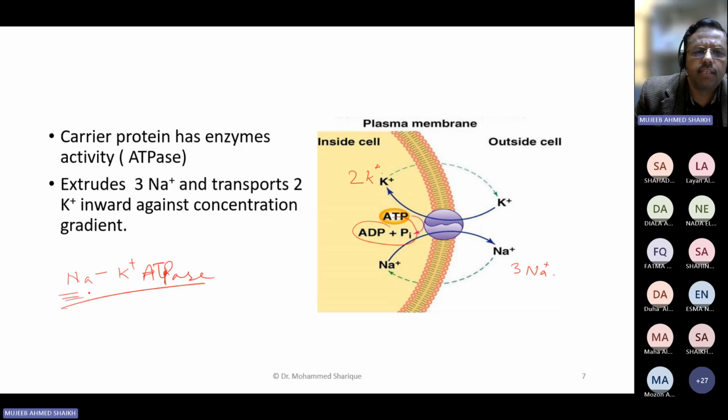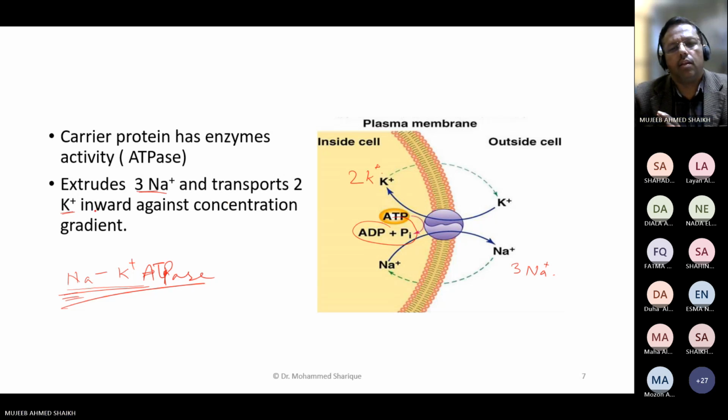Please don't forget this name throughout your life. Its function is to throw 3 sodium out and take 2 potassium in. Don't make any mistake in remembering this, because this pump will be discussed in every block, everywhere.